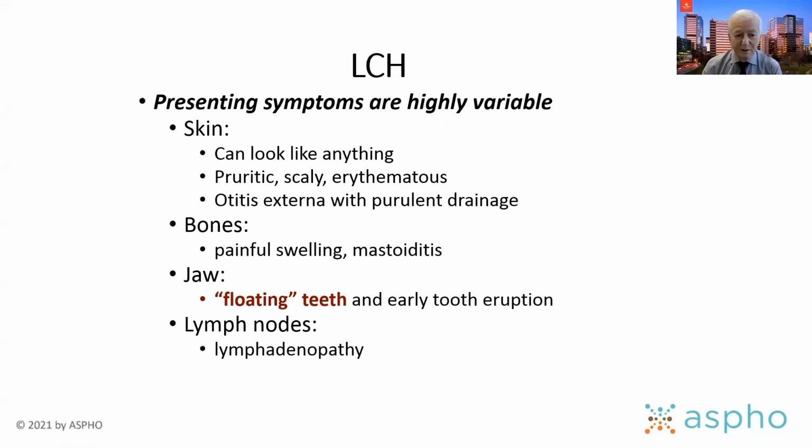Obviously, bone involvement can cause painful swelling, and some of these patients present with mastoiditis-like swelling and are treated with antibiotics for a good time before they're actually diagnosed. Jaw involvement is a fascinating problem in neonates in that they can have eruption of the teeth in the first few weeks of life. And if you look at x-rays of the jaw, some of the teeth seem to be floating in a pool of liquid.